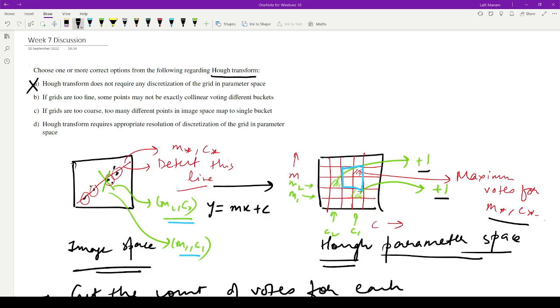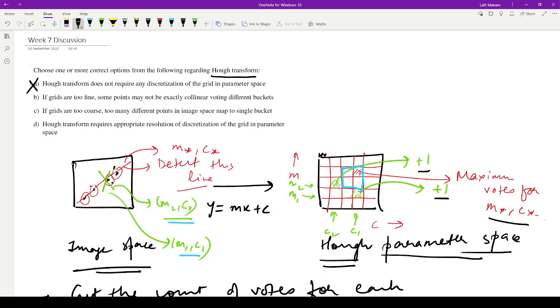So if the grid is too fine, then all of these may not vote on the single combination of M and C, right? Fine means this discretization is very small. Coarse means the discretization is very big. So if they are too fine and even a small amount of noise is there, then you will not get a proper maximum. Do you agree with that?